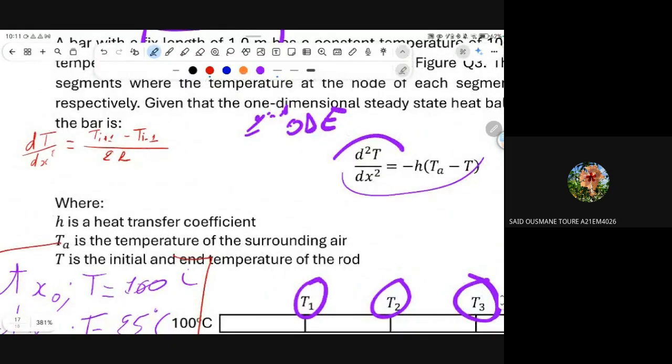Can we substitute it? No, we don't need it.